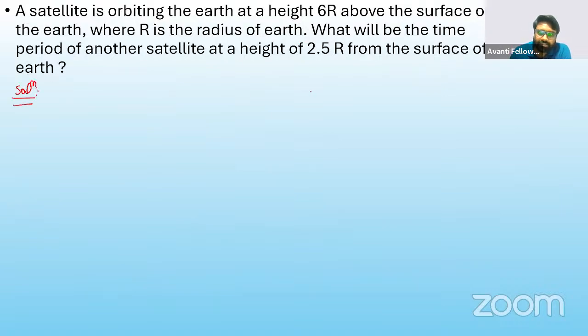We know that according to Kepler's law, the time period of rotation is related in this way to the radius of rotation. So we can say that (T1 by T2) whole square equals, K is always constant, so it becomes (R1 by R2) whole cube.